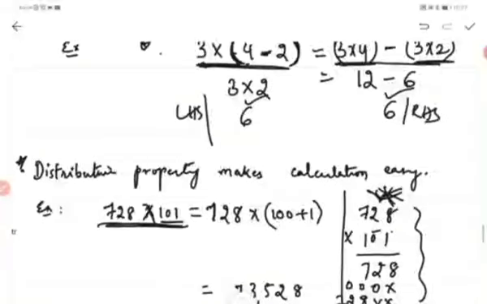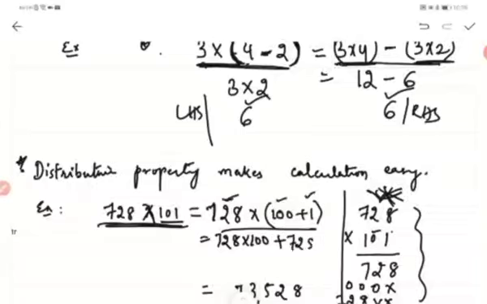Now go for your distributive property. This will give you 728 into 100 plus 728 into 1. This is very easy for you to multiply.